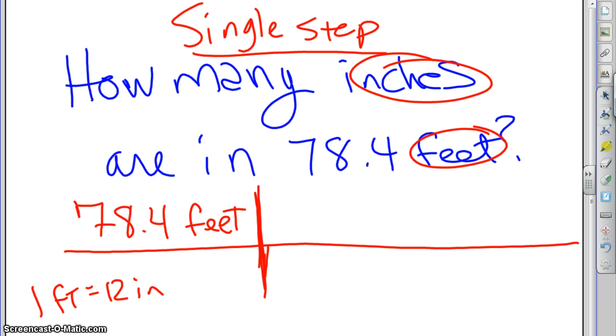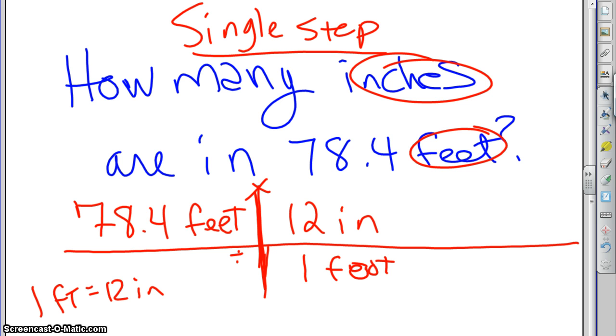So I need to put one of those things on the top and one of them on the bottom, and I'll show you why I'm putting 12 inches on the top and 1 foot on the bottom. Now remember I said that things along the top get multiplied, things on the bottom get divided. And so that accounts not only for numbers but also for units. Now a little bit of review from algebra.